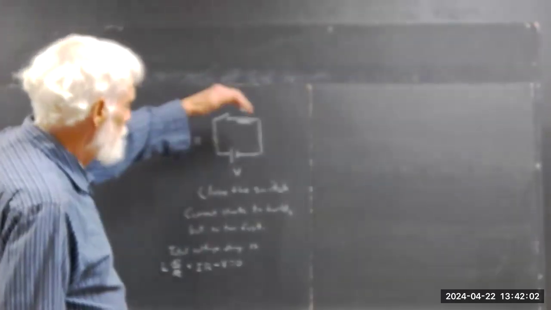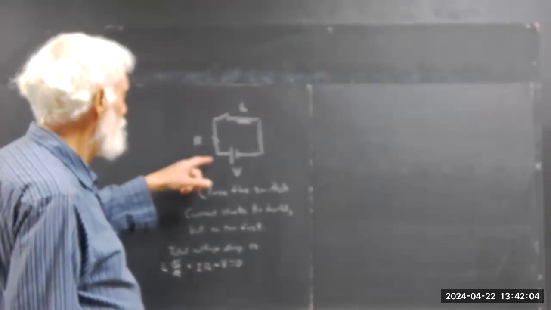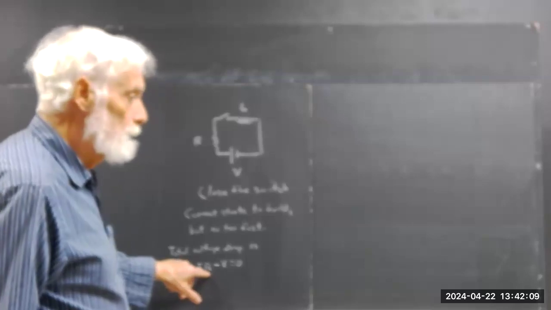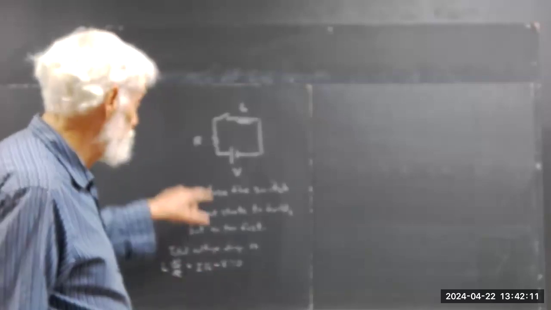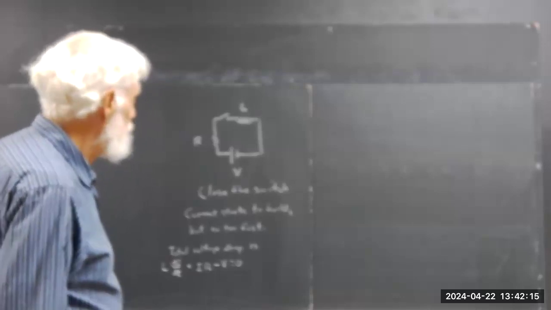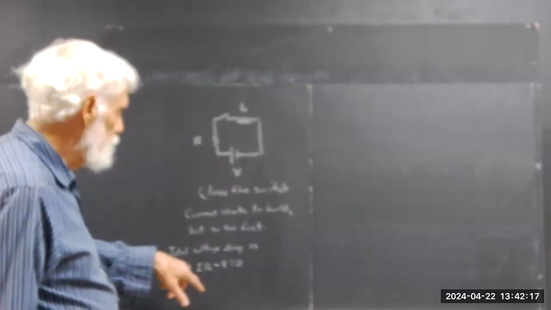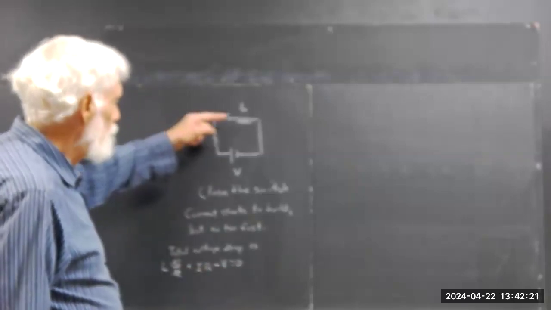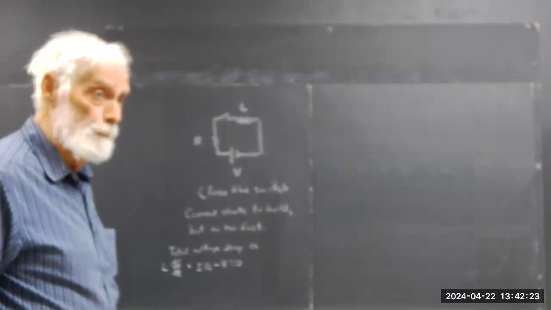If your current is driven this way, then of course you have a voltage drop, current times resistance. In the source, you have a voltage rise as you go through V, so there's a negative voltage drop. Why is there a voltage drop across L?